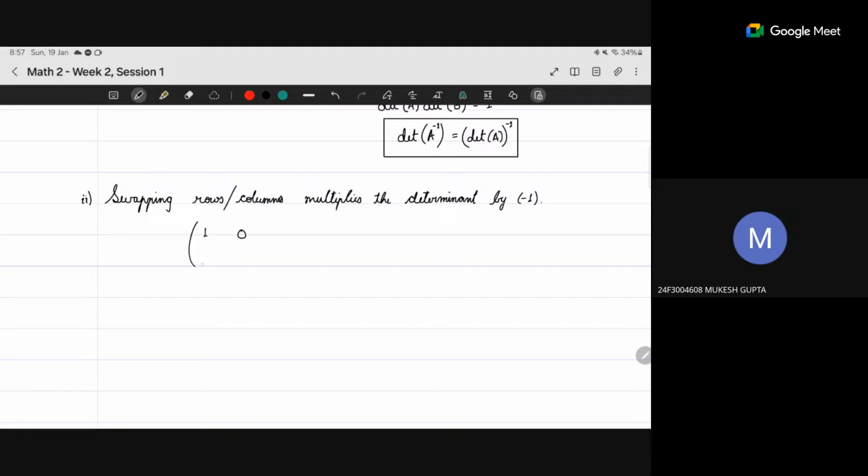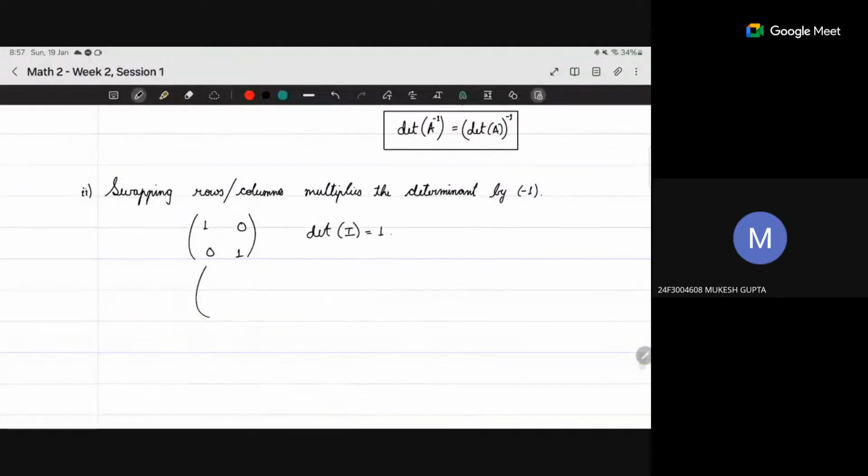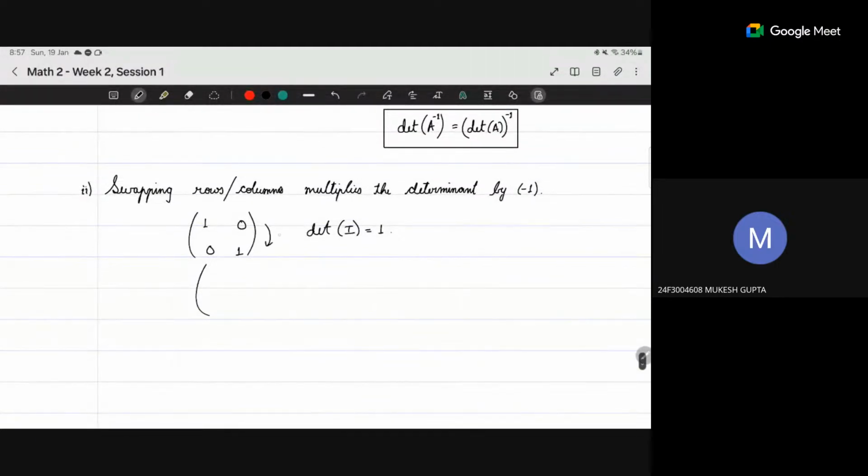So suppose I have the most basic example, 1 0 0 1. The determinant of this is 1, correct? This is identity. But if I swap the rows, or if I'm doing the columns over here, you can do rows also, it doesn't matter. If I make the first row the second row, the second row the first row, then it becomes this, correct? And what is the determinant of this?